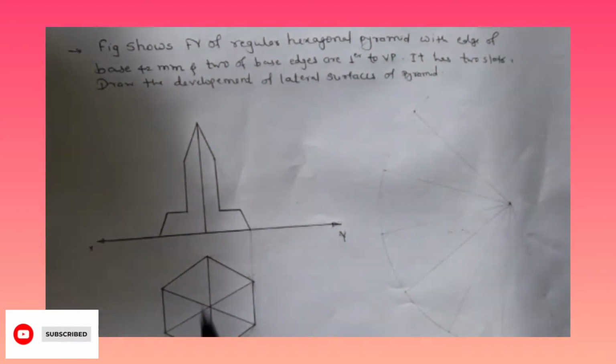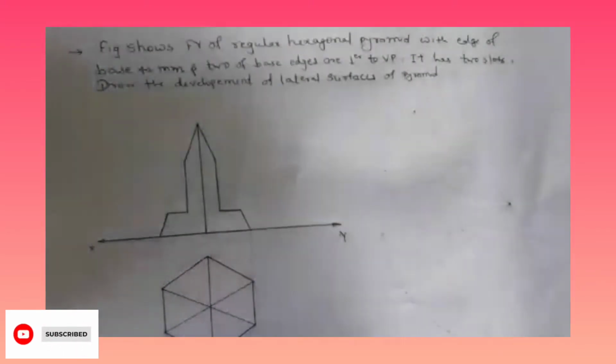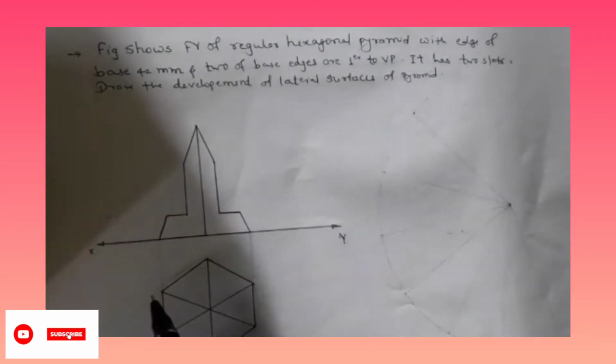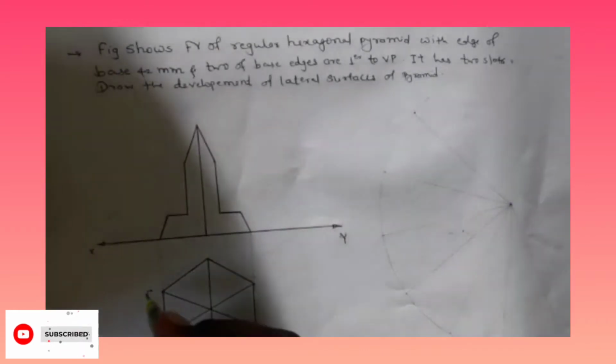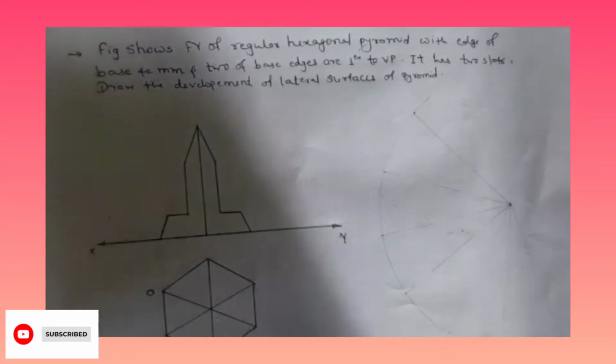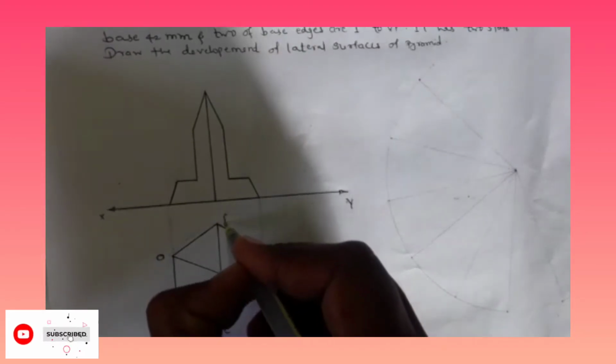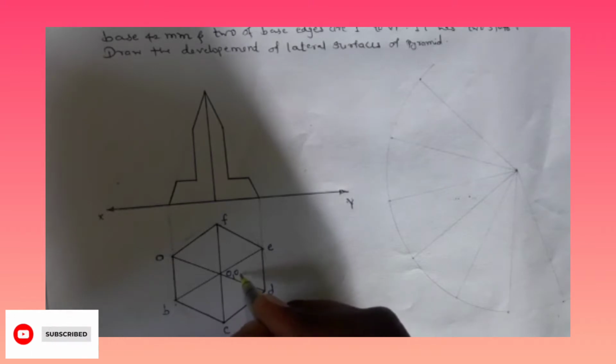Then we have to give the names. Here it will be A, here B, C, D, E, F, and at the center, the axis O1, O2.